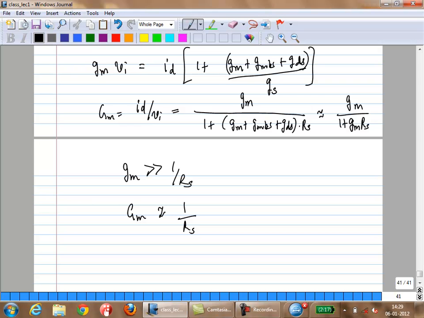It's a function of the current, the voltages, the process. Whereas if you add this resistance, it is becoming closer and closer to an ideal inverse resistor. In other words, the transconductance is now proportional only to the inverse of the resistance. It's independent of voltage, independent of current, independent of a lot of parameters. Okay?